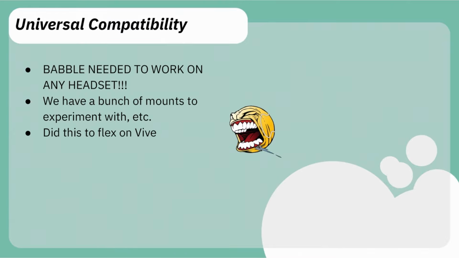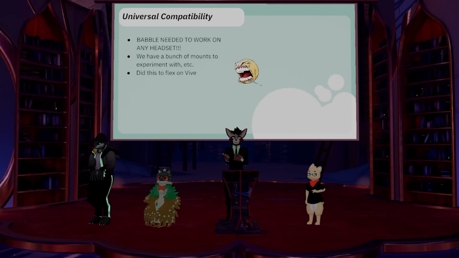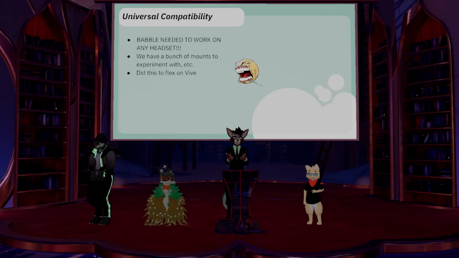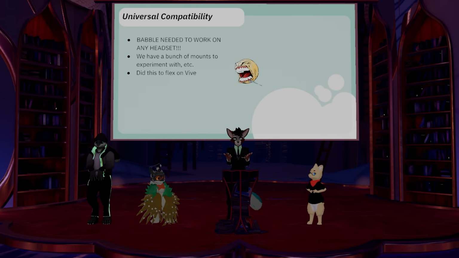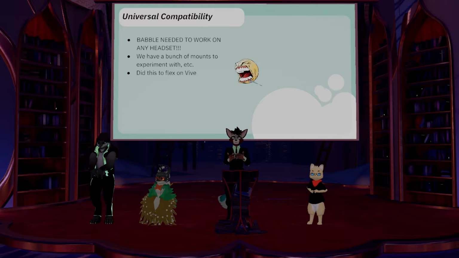And we also had to strive for universal compatibility. This is a really big one, right? We needed Babble to work on any VR headset. It needs to work on all sorts of different environments, and has to work with the Vive, the Quest, all of them, right? We did this purely to flex on Vive because of their movement from this sort of more generalized thing, and also because we really care about making sure our community has access to face tracking technology in the open, right?